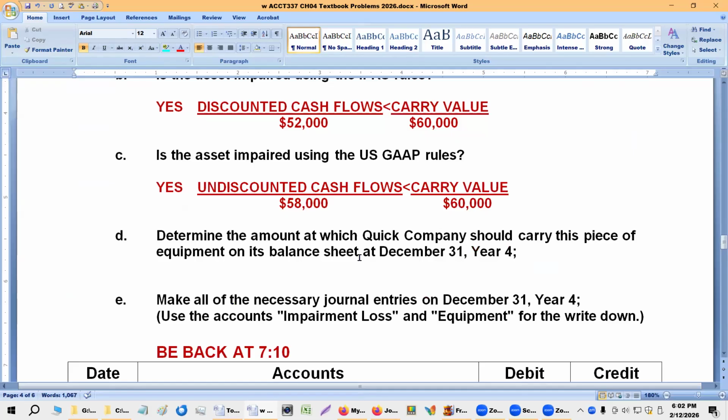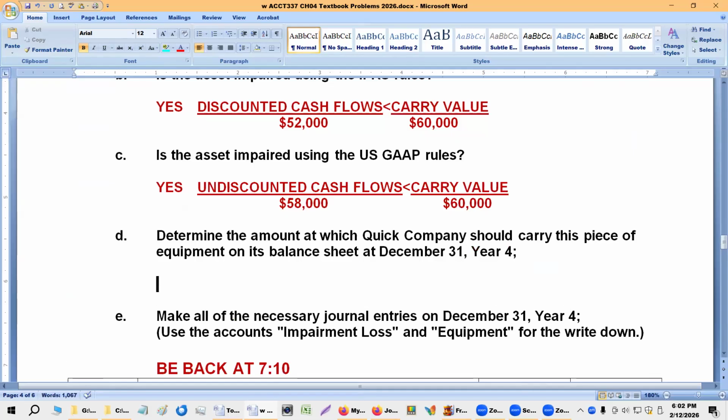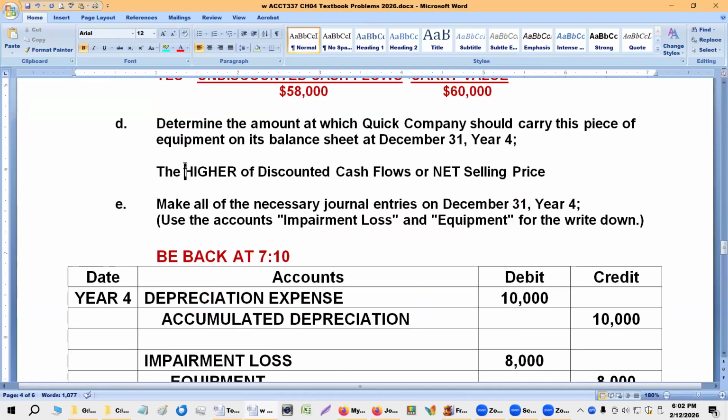So the rules are what we recorded at is the higher of the discounted cash flows, and underline it, or the net selling price.